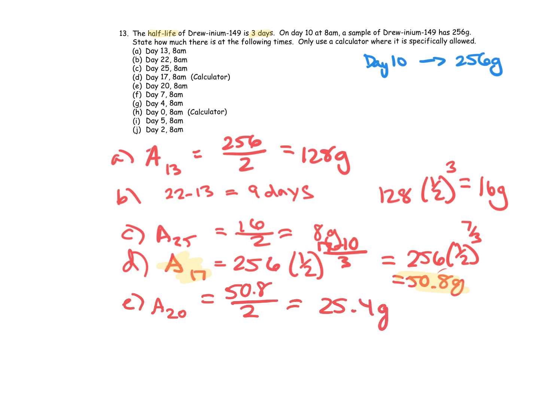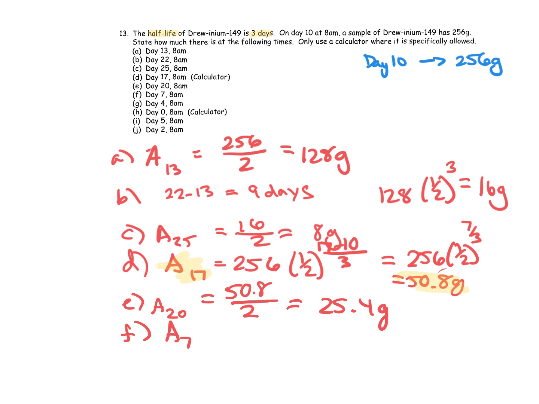F is day 7. So day 7 here is A7. Let's see if we can relate that cleanly to something we know. Day 7 is 3 days before day 10, which was my initial amount.